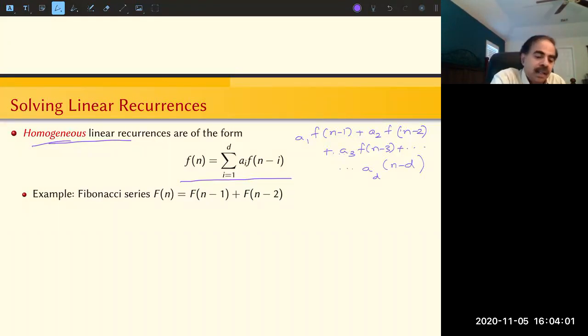Okay, so these a1, a2, a3 are all constants.